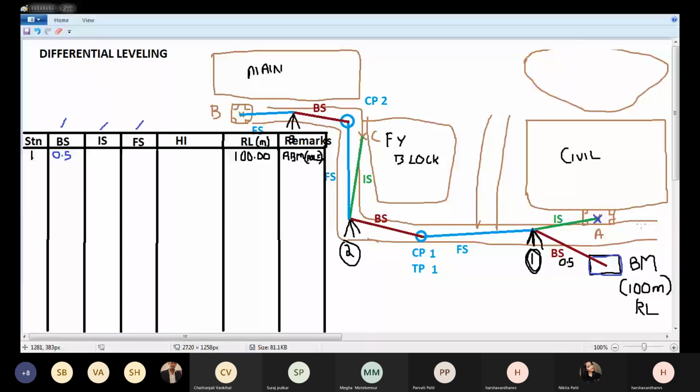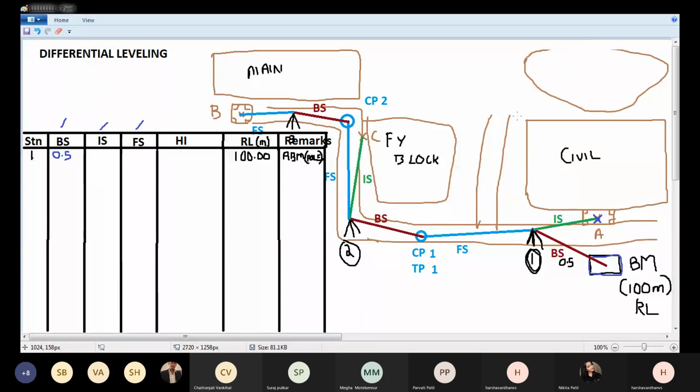I'll tell you how to tabulate the readings. We'll go to the next part, that is the tabulation part.